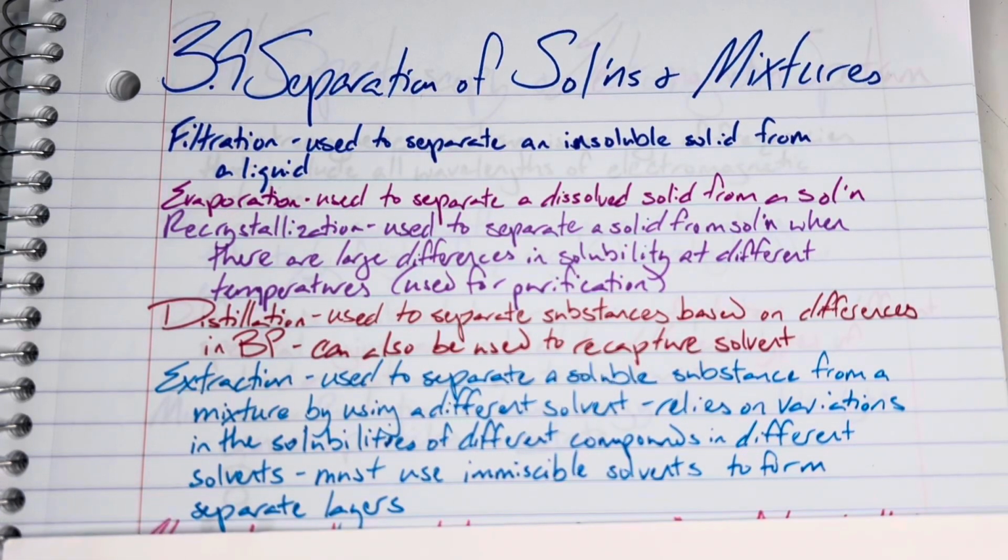Extraction can be used if you are trying to separate a soluble substance in a mixture using a different solvent. Okay, this relies on different solubilities of those different solutes in different solvents, and you are going to be using immiscible solvents to separate the layers.